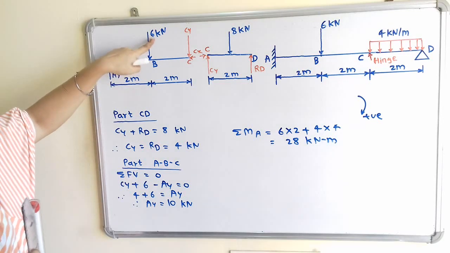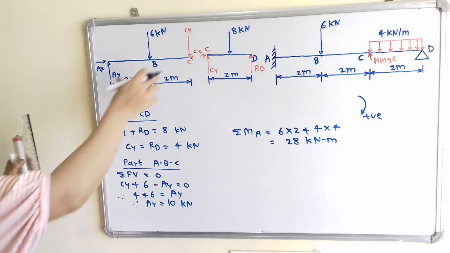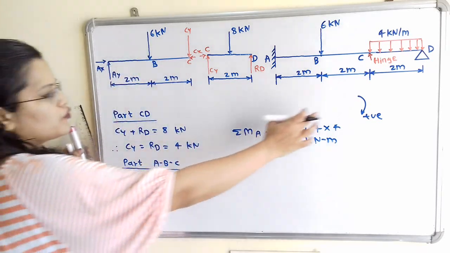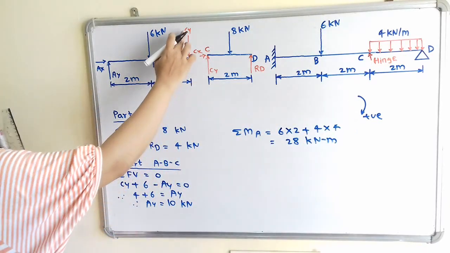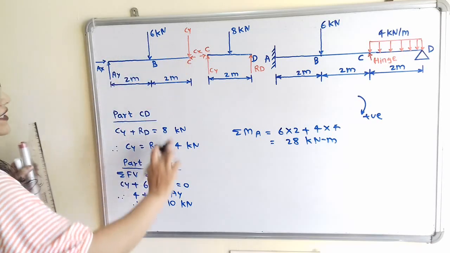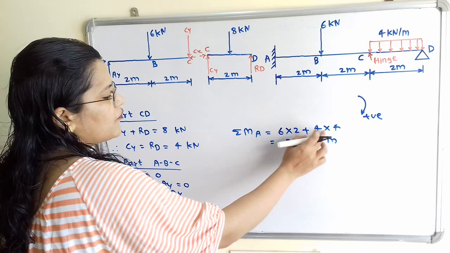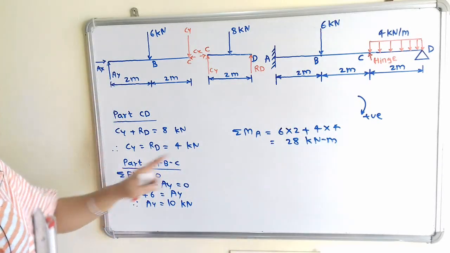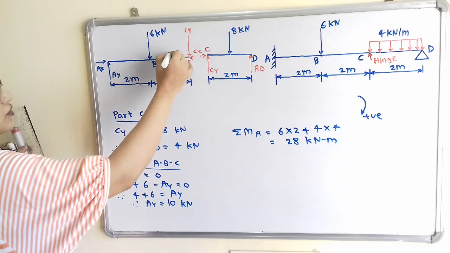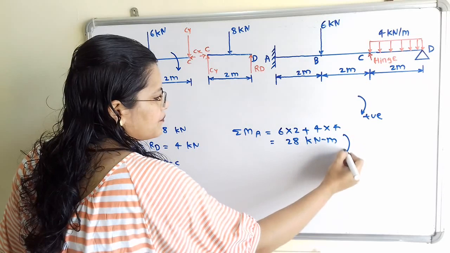So with positive sign, 6 multiplied by 2 plus, because if I move the compass in the direction of Cy, then it is also in the clockwise direction, so plus Cy multiplied by the total distance, which is 4. The value of Cy is equal to 4. So we will take 6 multiplied by 2 plus 4 multiplied by 4, and that is equal to 28 kilonewton meter. So what is the direction of this bending moment? That is in the clockwise direction.